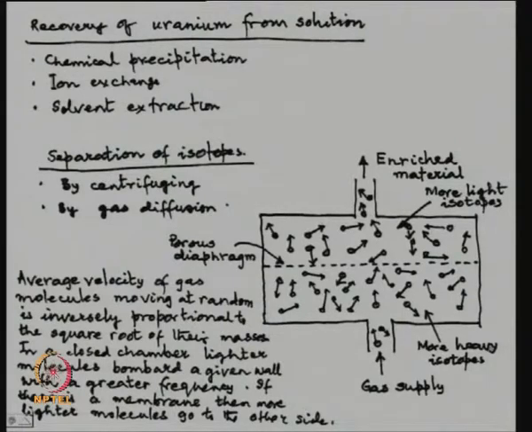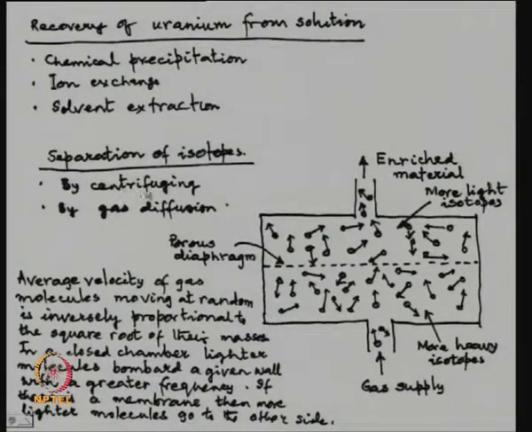This is often a critical technique in the development of nuclear energy. How do you separate uranium-235 and uranium-238 by centrifuging? There is another method of separation which is in this picture, that is gas diffusion.